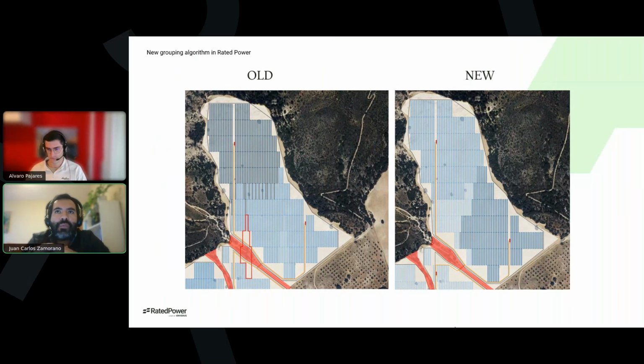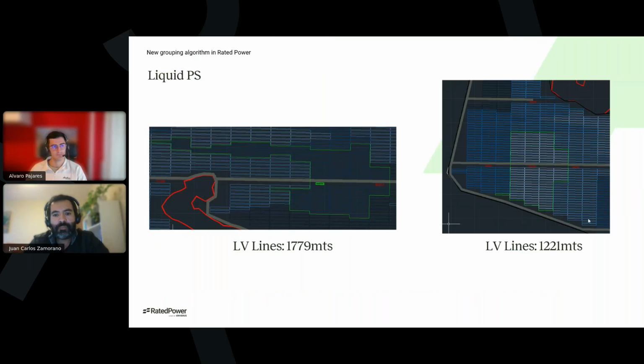But why is having this regular shape for power stations important for our project? Well, the answer is simple. Irregular shapes require more cabling. This is just a random example. In both pictures, we have the same structure and the same amount of structure per power station, but you can see on the right side, the more squarish configuration requires a lot less cabling than the other one.